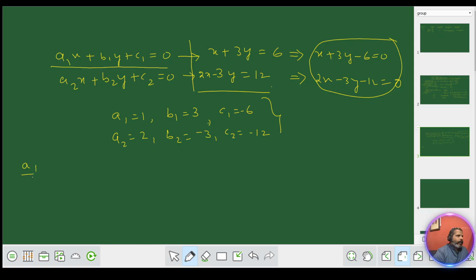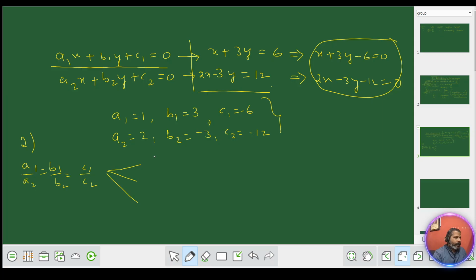Now if a1 by a2 equals b1 by b2 equals c1 by c2, meaning the ratios of all the coefficients and constants are equal, remember that the first case, not equal, gives one solution, consistent, intersecting lines. Now, three ratios equal: this is the second condition.